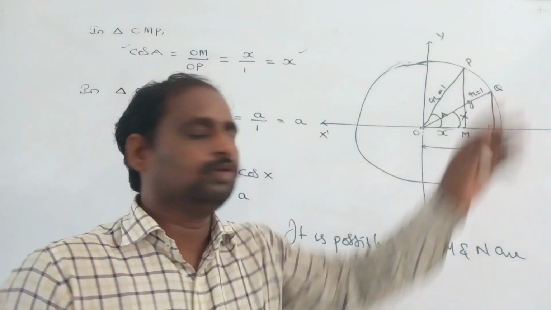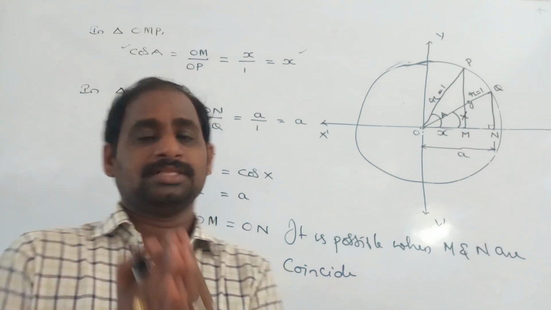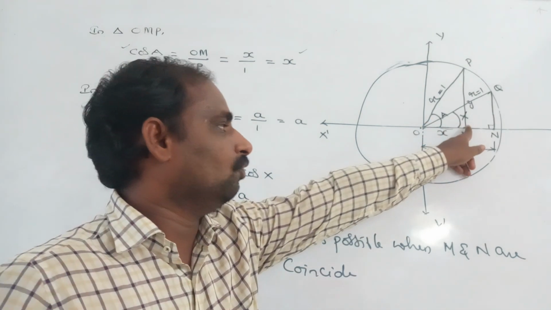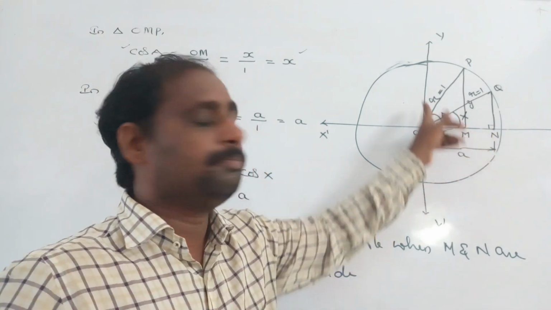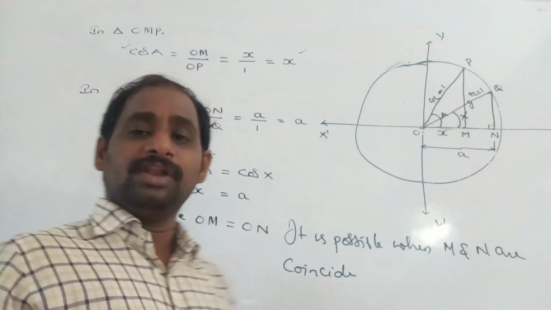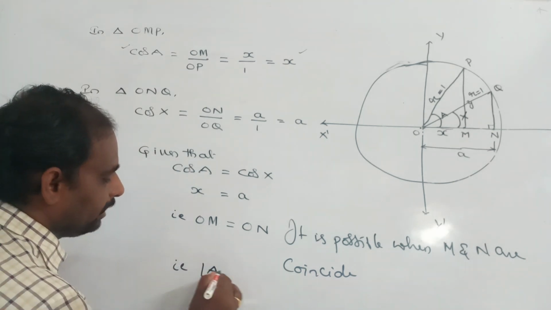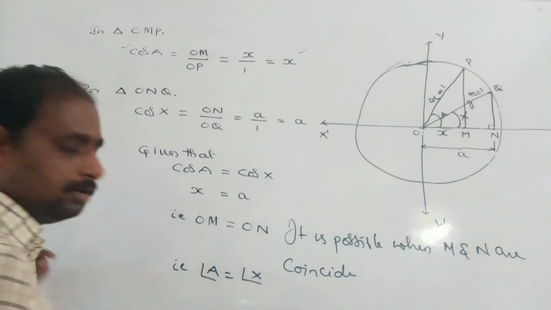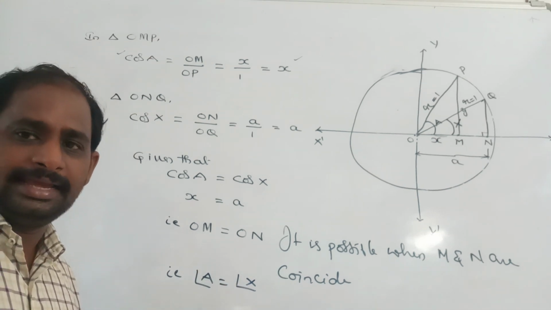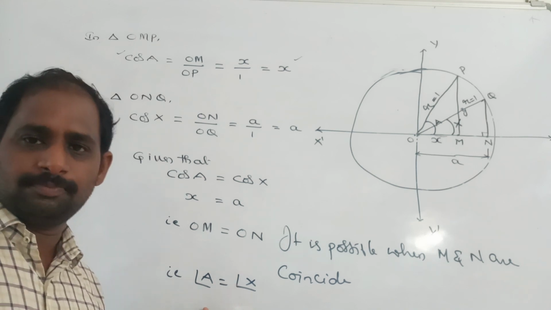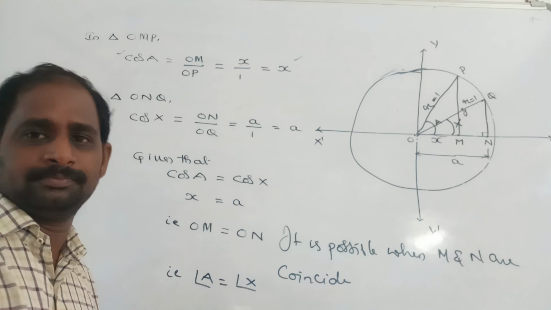Here we won't get two triangles, we will get only one triangle. That means clearly that when OM is equal to ON, the angles made by the two triangles will also be equal. That is, angle A is equal to angle X. This is the proof we had to prove. I think you understood. Thank you.